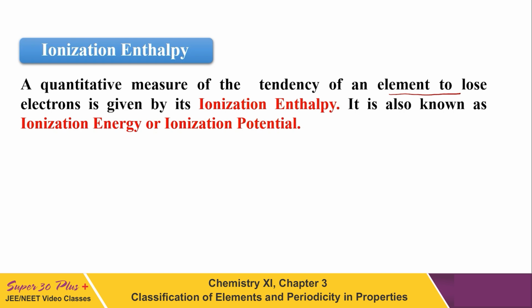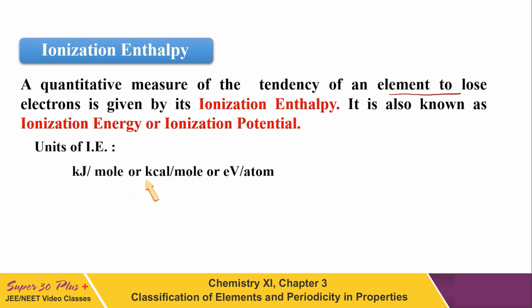But if IP is less, this particular element has more tendency to release electron and will release it easily. The units of ionization energy are kilojoule per mole or kilocalorie per mole, or sometimes electron volt, because energy in terms of the electron is very small, so you also represent it in electron volt.